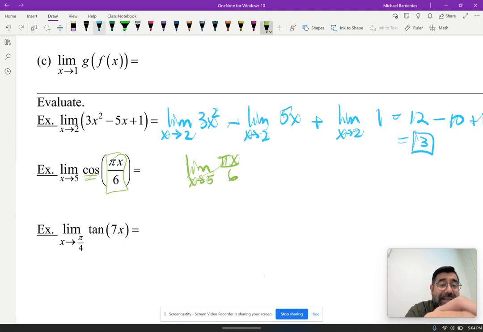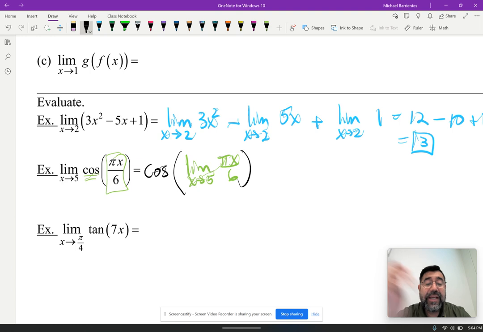Because if it exists, and I already know that cosine is continuous on all real numbers, then I can do this step and get the answer. I can take the limit of the inside function, get an answer, and then evaluate the outside function at that answer.